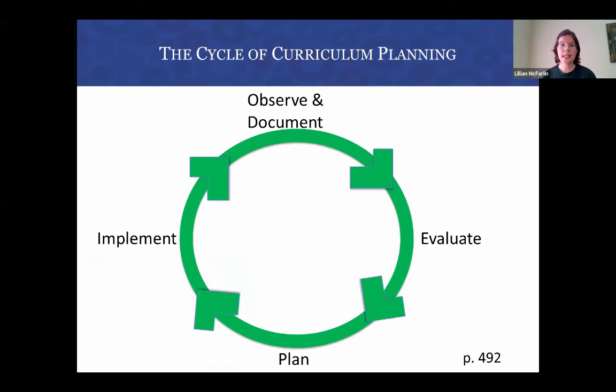All right, this is the cycle of curriculum planning from your textbook. Observe and document. So that's what we've been talking about. Figuring out what the children know and what they do is a really good first step. Then you use that information to figure out what's happening, evaluate.